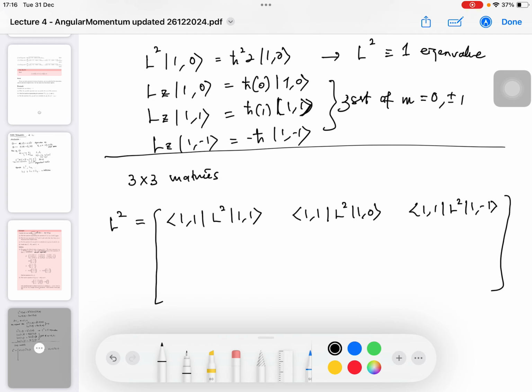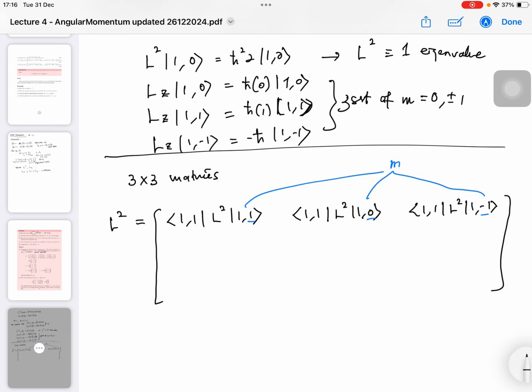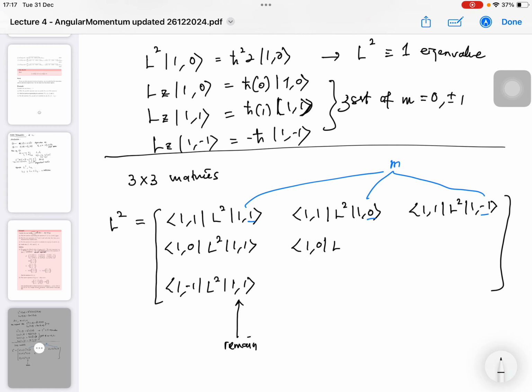Do you see? This is the change of your M entry. Next we move on. Below you have bra 1, 0, so you change the bra side, with L square ket 1, 1, and you keep this part remaining. Over here you only deal with the diagonal.